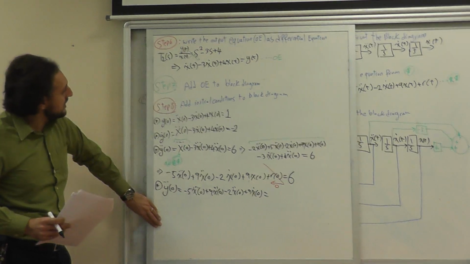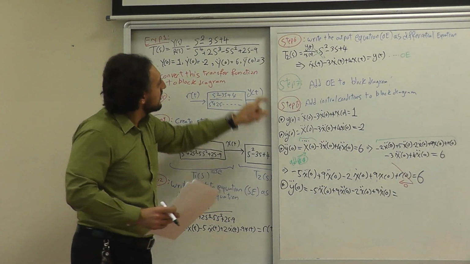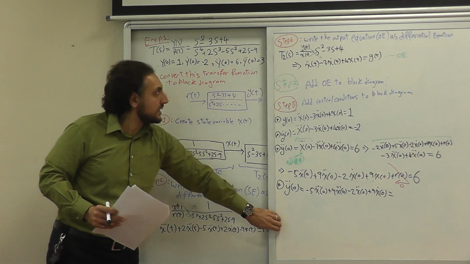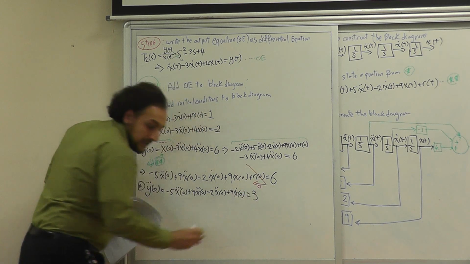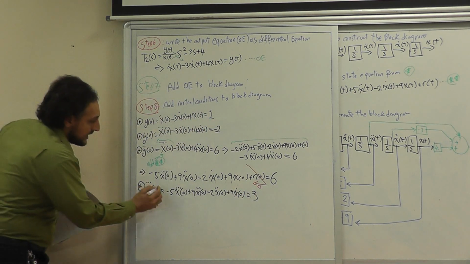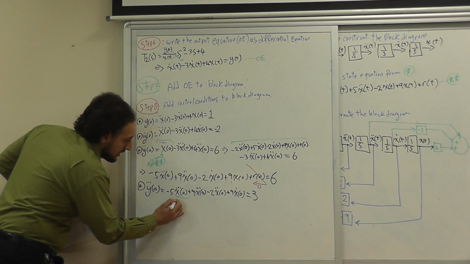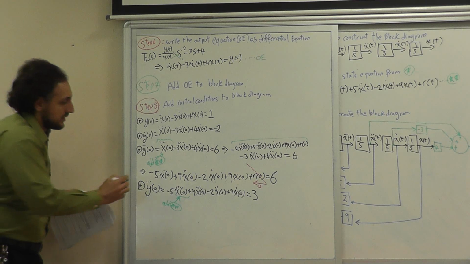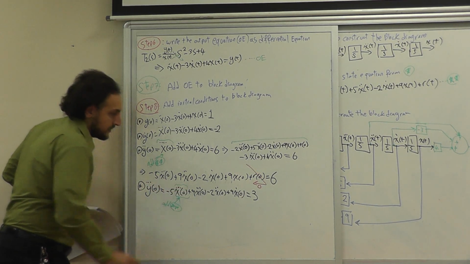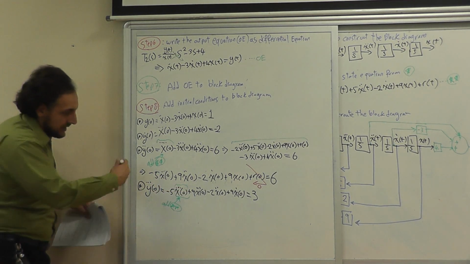What is the last one? 3 equal to 3. Again, I should add here equation 2 star. Right?